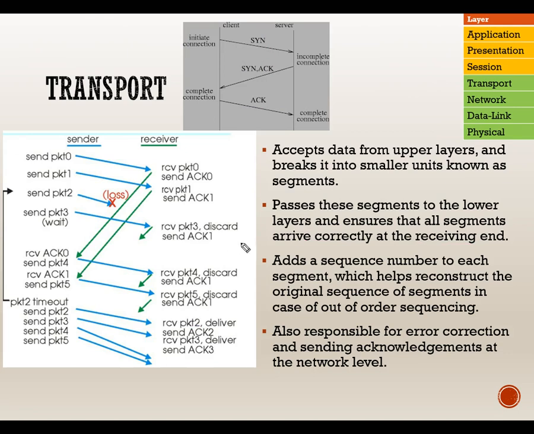So it adds a sequence number to each segment, which helps reconstruct the original sequence of segments in case they're out of order. And that mess that we had earlier on the routers, if we had a whole bunch of routers and we had different paths and then we got some congestion, it might go one direction or the other, and the packets might arrive out of order.